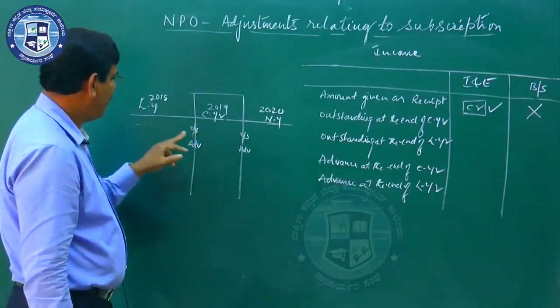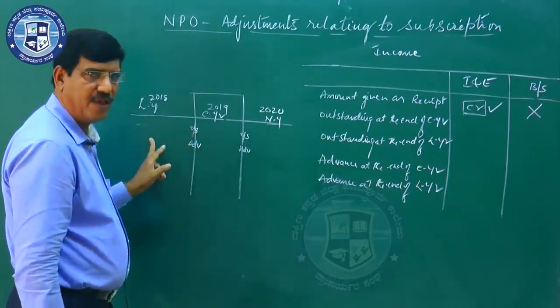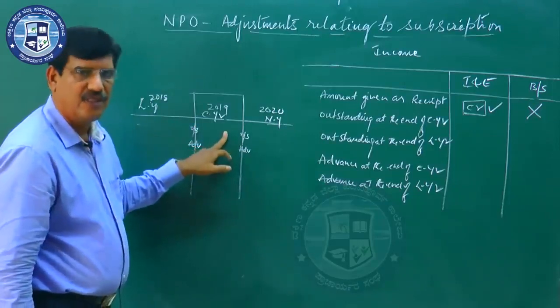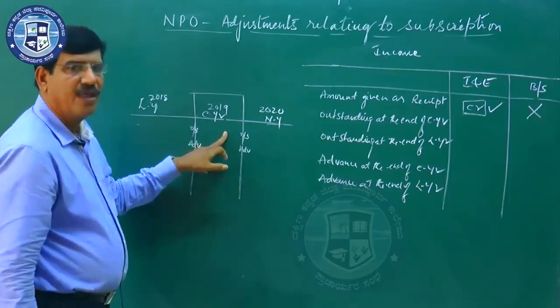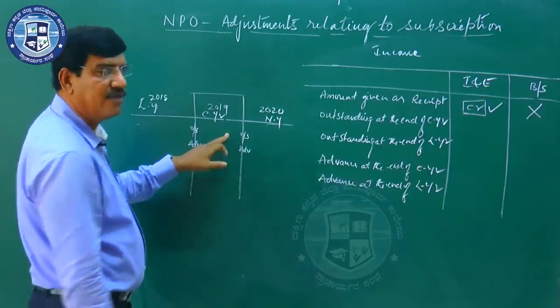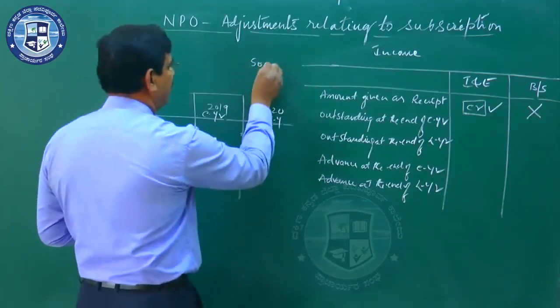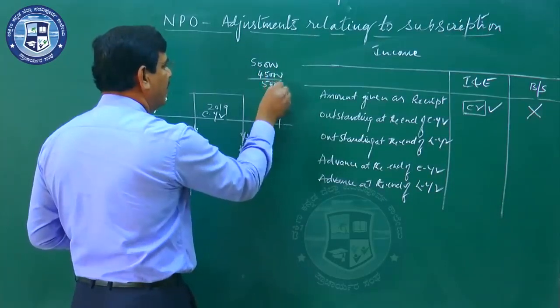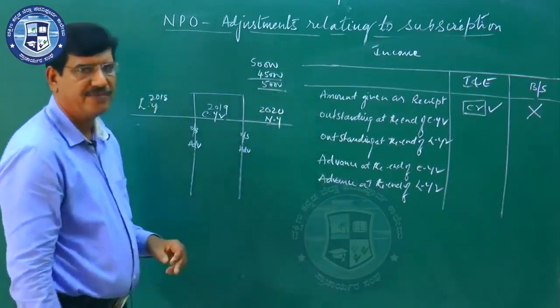When there is an outstanding of last year, whether it is related to last year or next year, say for example, you are supposed to receive a subscription of 50,000. You have received 45,000. 5,000 is outstanding or unpaid.